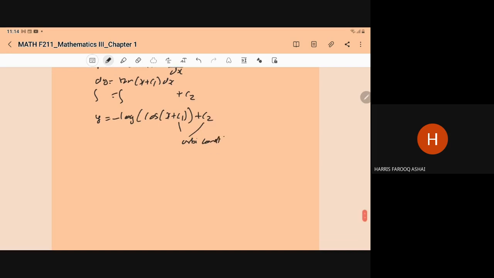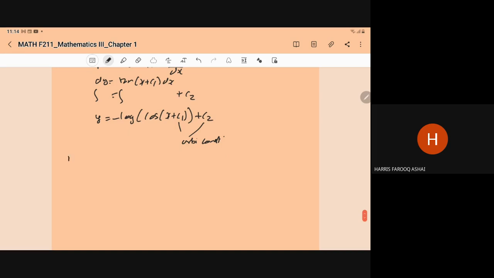So this will become y is equal to minus log of cos of x plus c1, plus c2. So this is the solution. Here you can see that c1 and c2 are arbitrary constants, because we have a second order differential equation, so two arbitrary constants will come here.